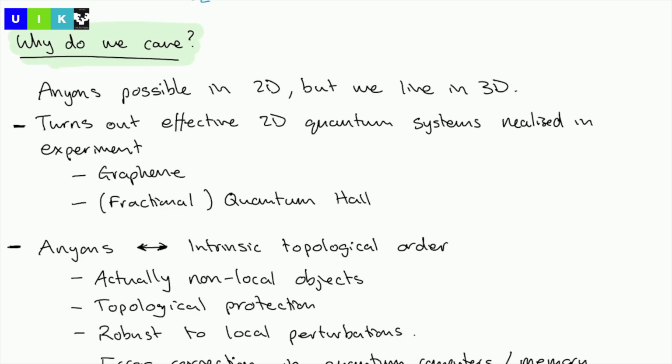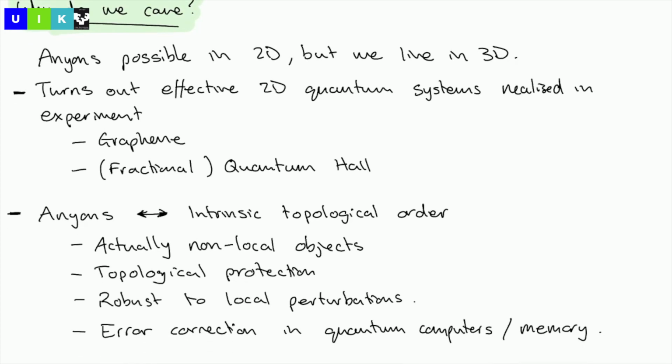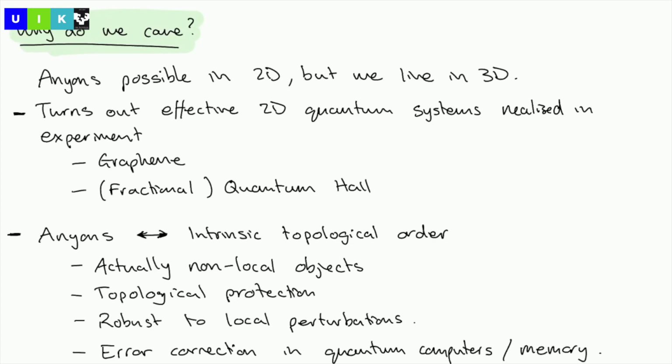We can realize effective 2D systems in experiment. A famous example of this are the graphene experiments, where this really is an atom-thick experiment, and also the 2D electron gases in quantum Hall systems. The fractional quantum Hall systems are believed to be exactly these topologically ordered phases that host these exotic anion excitations.